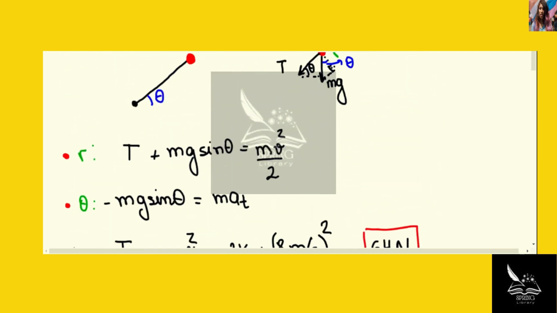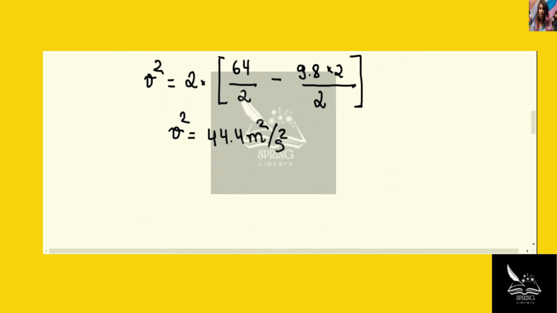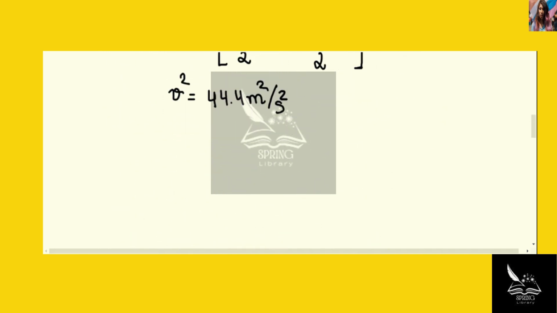And I'm now going to go back to the equation for the r coordinate, and substitute it there in order to find T. Now notice that T is equal to m times v squared over r minus g times sine of theta.